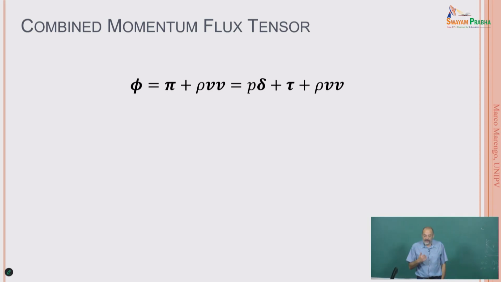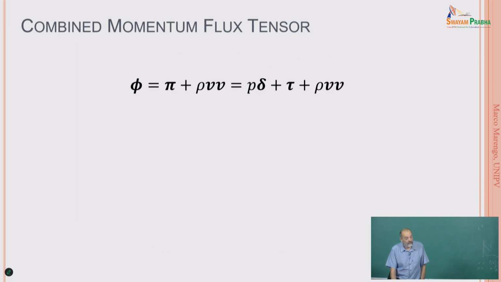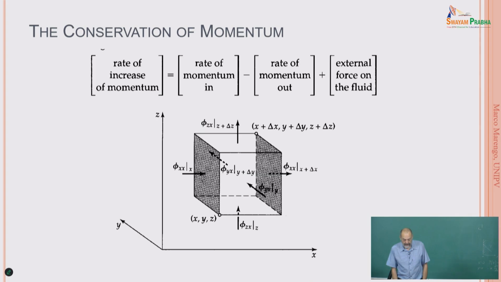And we can combine this using the molecular stress tensor, pi, plus now the momentum linked to the velocity, and we have now phi, which is indeed quite useful, because we can do the same that we have done for the mass for the momentum.